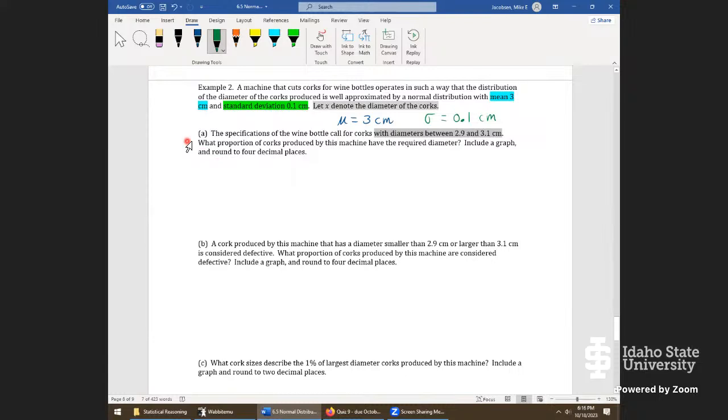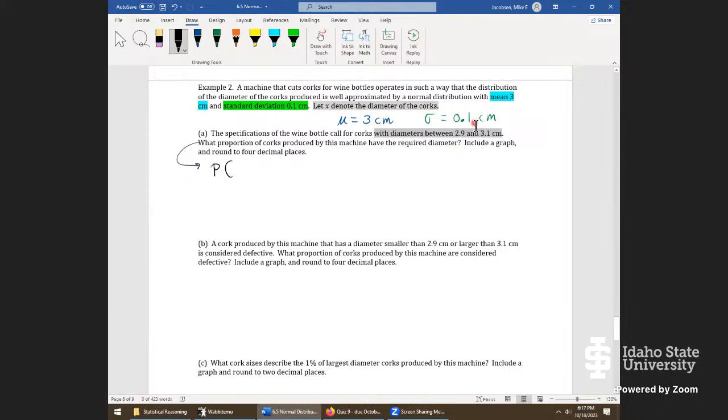Now, if it says what proportion, or what percent, or what is the probability, we're doing the same exact thing each and every way. So from that second sentence, I would probably just immediately write probability. We're going to find a probability as a proportion.